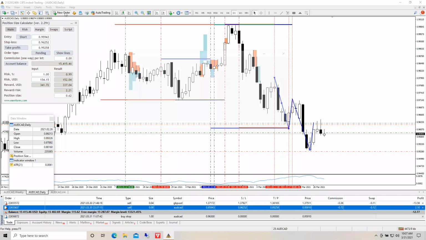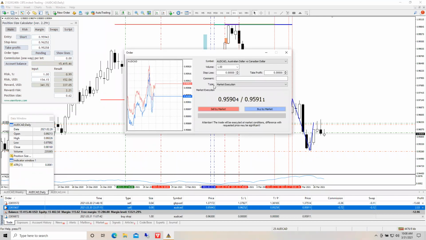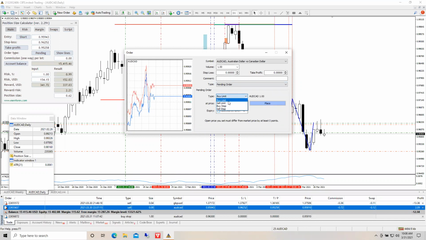So if we go back to new order, and I then illustrate what you're not allowed to do, which would be, let's say, 95,500, and we'll go back to pending order. Buy stop, but now we place it below current market price, which is where you are not allowed to execute an order.